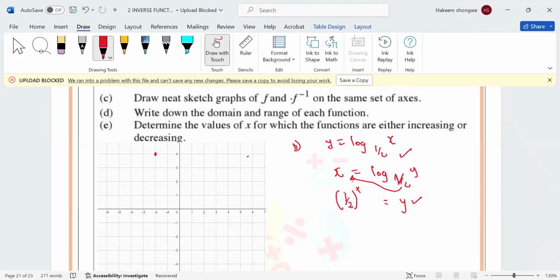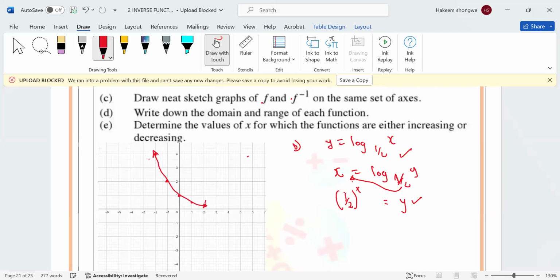Then -1 goes with 2, 0 with 1, 1 with 0.5, 2 with 0.25. Where I stopped, I just put an arrow to say it's continuing, and where I started too. Then I connect the dots.